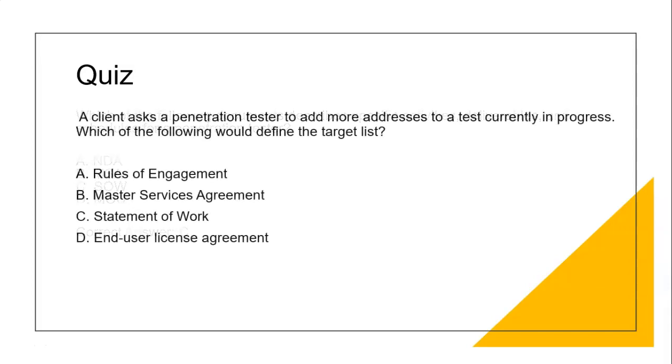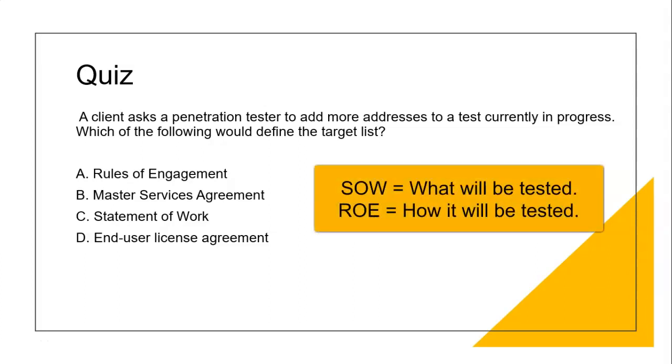A client asks a penetration tester to add more addresses to a test currently in progress. Which of the following would define the target list? The rules of engagement, master services agreement, statement of work, end user license agreement. Now there's a conflict here, because the addresses to be tested are also going to be in the rules of engagement, but they should be in the statement of work.